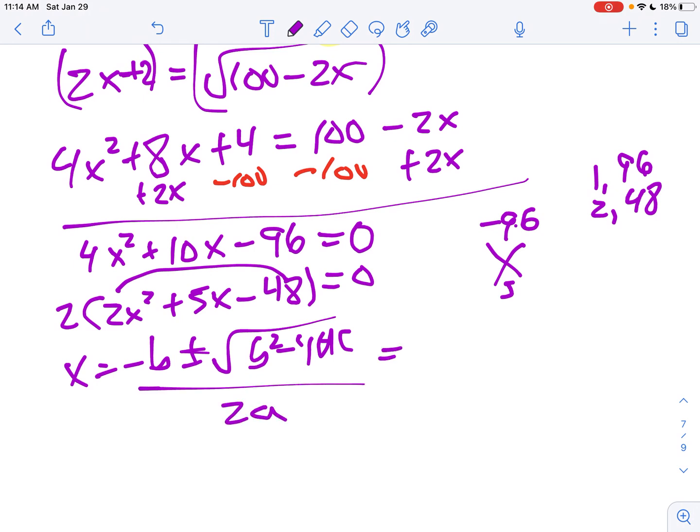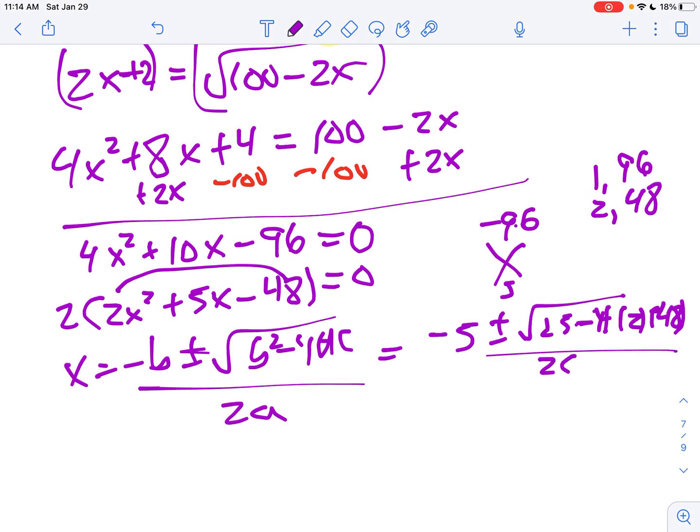So we're going to say the opposite of 5 plus or minus, we're going to go 25 minus 4 times 2 times negative 48. All over 2 times 2.